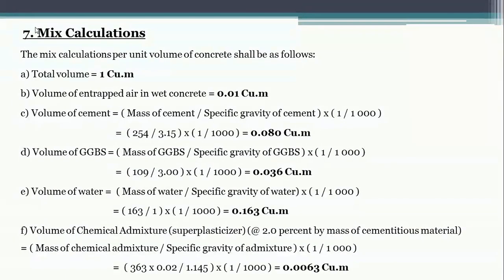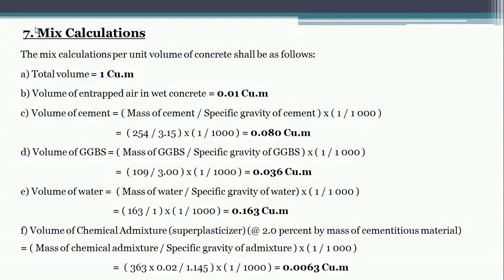So mass of chemical admixture means 2% of the total mass of cementitious material. Total mass of cementitious material is not 254. It includes the GGBS content also, whatever we obtained in the fifth step, I guess. So 363 was our total cementitious content.